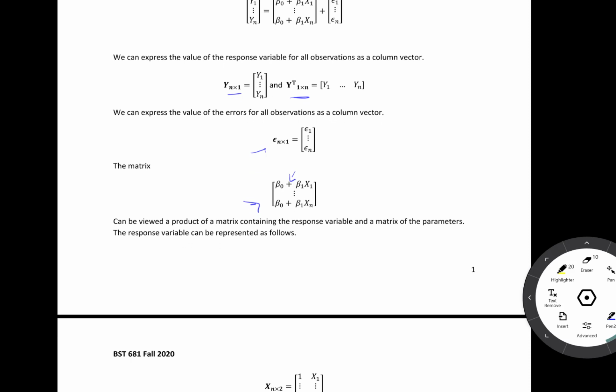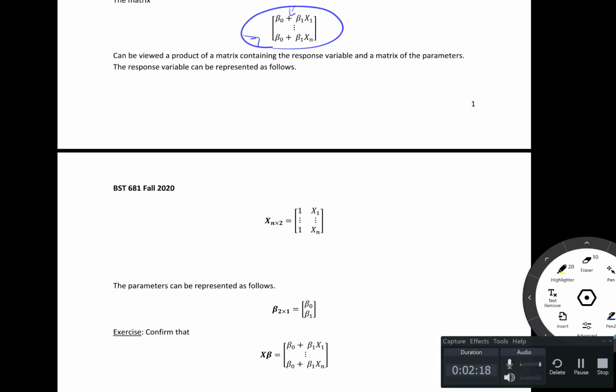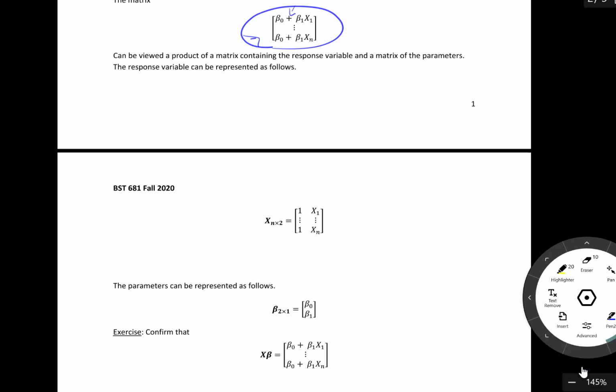Now it ends up that this particular matrix here that has the slope and the intercept can actually be viewed as a product of a matrix containing the explanatory variable and a matrix of the parameters. And this is how we could find it. So first, we're going to start out by looking at this n by 2 matrix. This n by 2 matrix might look a little bit funny to start out with, because notice we have a column of ones here, and you might ask, well, where is that column of ones coming from?